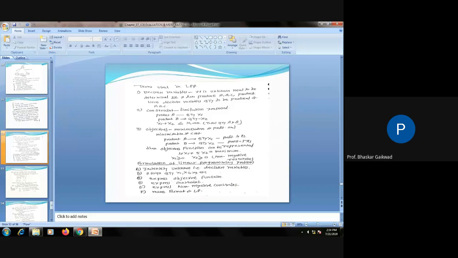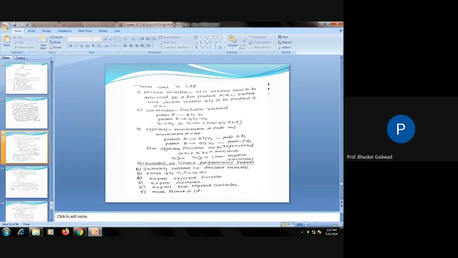Constraint, limited input. Means a limitation on input. Product A quantity is X1, product B quantity is X2, and x1 plus x2 is less than or equal to 10,000. So 10,000 is the limitation.